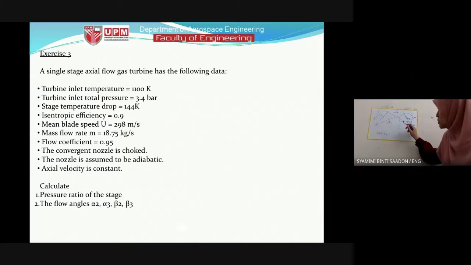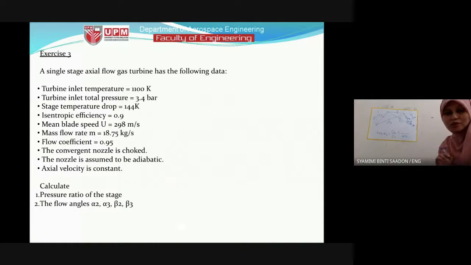So we use cosine alpha: cosine alpha equals CA2 over C2. CA2 is the axial component, which we have to calculate first. C2 is the 600 meters per second from just now.